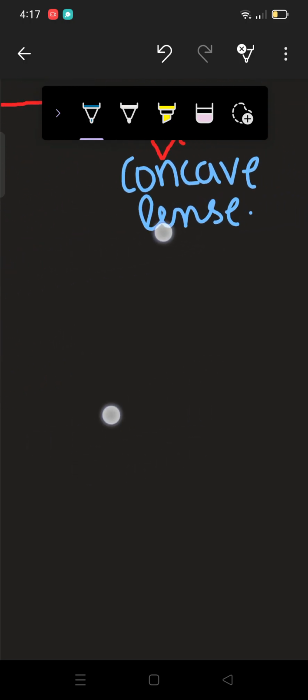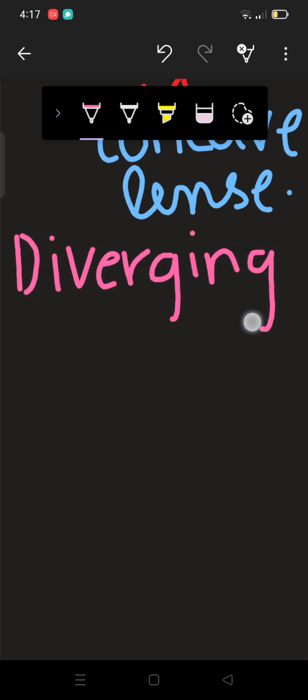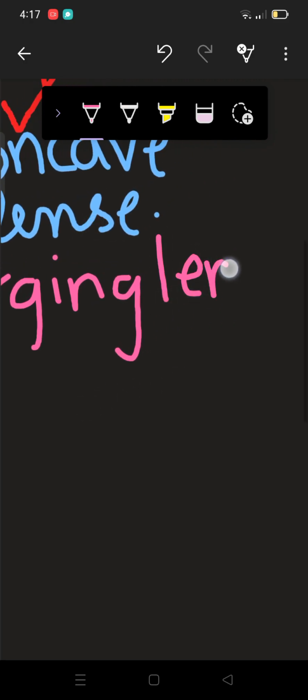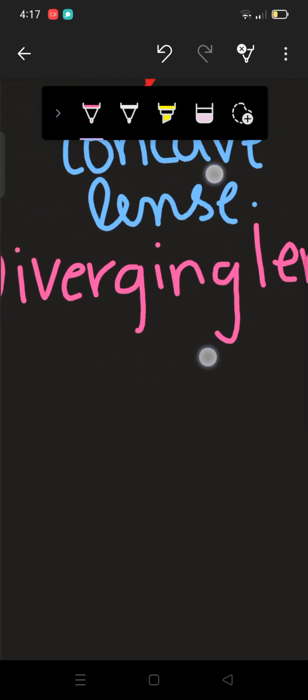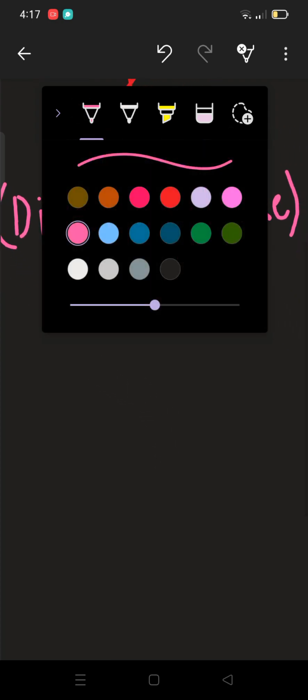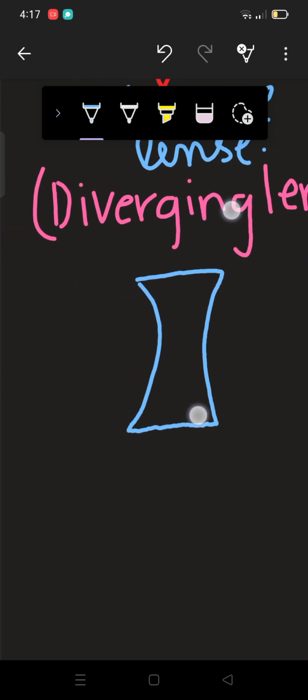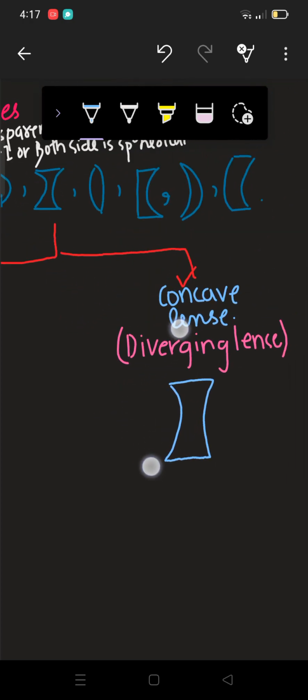And why the other is known as a diverging lens, let me tell you. This is the diverging lens, basically the concave lens.